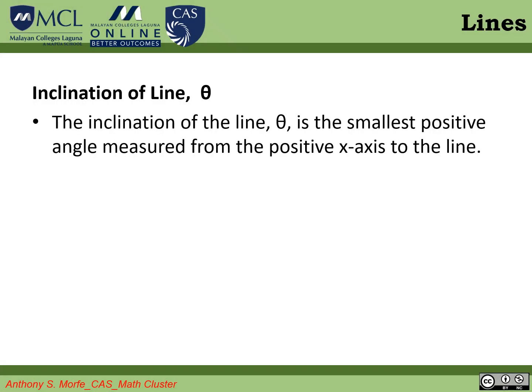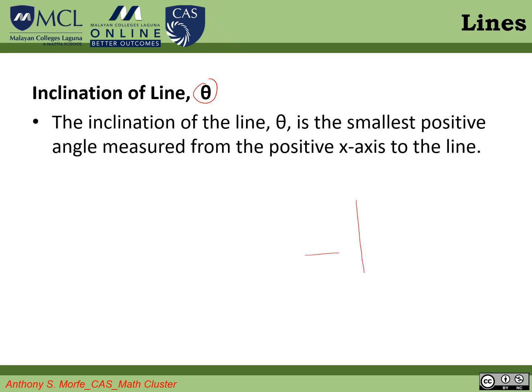And then we talk about the inclination of a line. The inclination of the line, we denote it by the symbol theta. This is the smallest positive angle measured from the x-axis to the line.